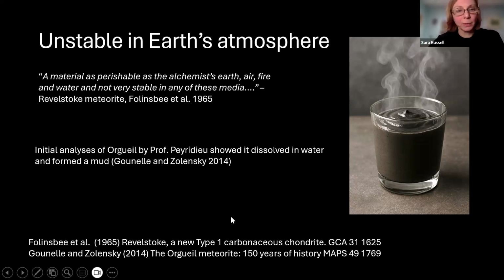And then the story, described by Zinovieva and Zelensky in 2014, is that when Orgueil first fell, one of the stones was given to a Professor Peredew, and he put it in water because he wanted to measure the density, and it just immediately turned into mud. So he lost his sample and his analysis. That just goes to show how easily it's destroyed in the Earth's system. If a CI meteorite falls and it rains, then it may just be lost forever.